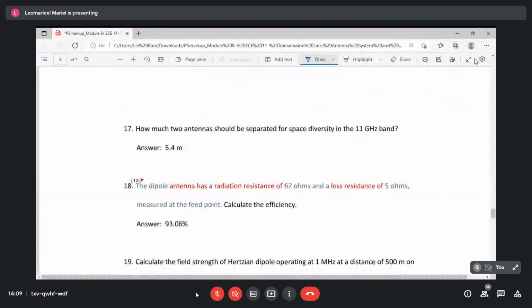Separation, pwede kang gumamit ng 3 lambda RE over D. So where RE is the effective radius of the Earth, that will the K factor RO. Where RO is the true radius of the Earth, that is 6,370 kilometers. So kung hindi naman bigay yung K factor, hindi mo na makukuha.